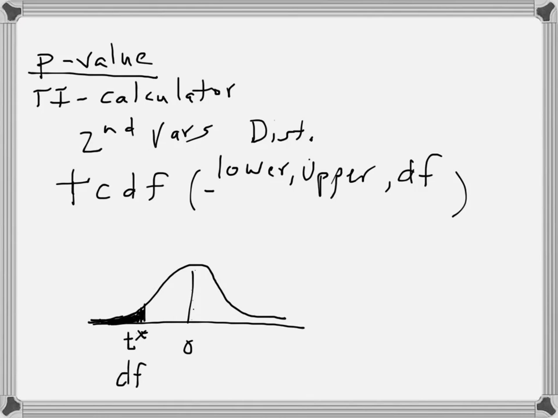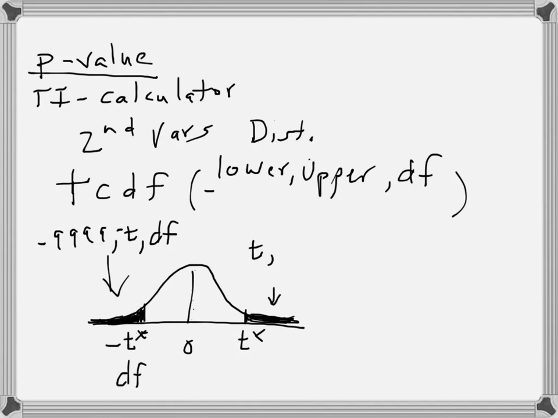So in a left-tailed test like this example, the lower would be negative infinity. A bunch of 9s will do it, and then whatever value your test statistic is, which would be a negative value, and then comma degrees freedom. If it's a right-tailed test, we'll call that positive t star instead of negative t star. Then I'm going to do tCDF, and I'm going to put my t-score first as my lower value.